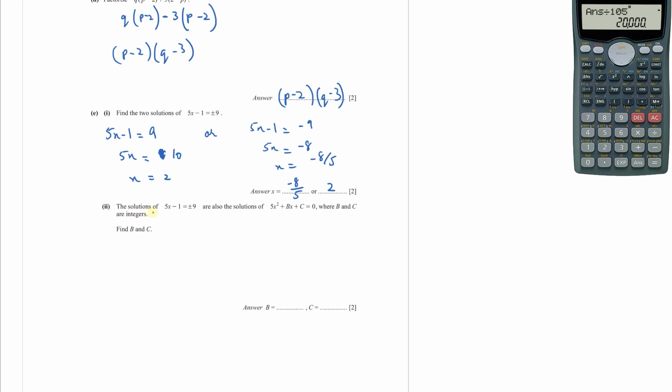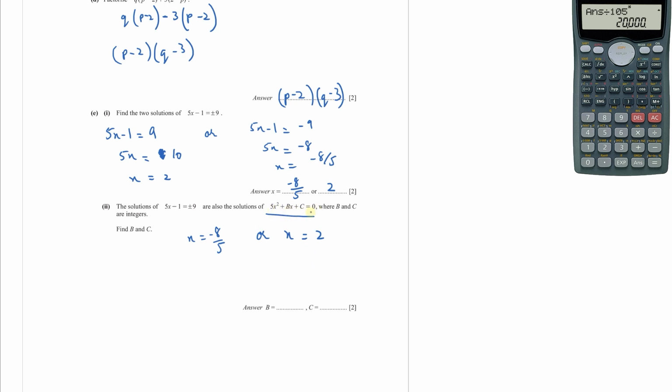Part 2 is the solutions of 5x minus 1 equals plus minus 9 are also the solutions of this quadratic equation. So that means x equals minus 8 over 5 or x equals 2 are also the solutions of this quadratic equation.